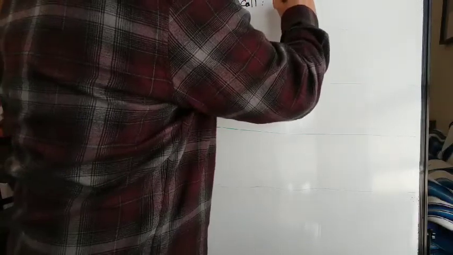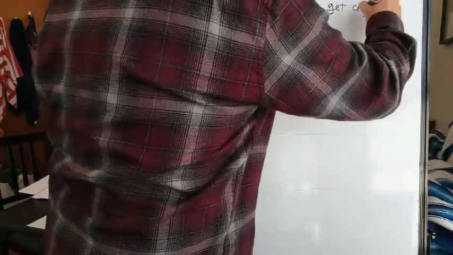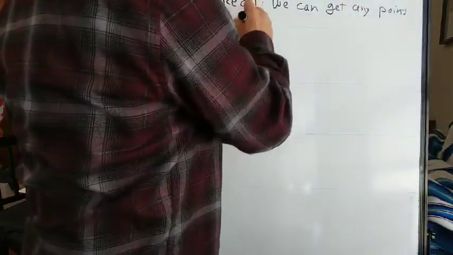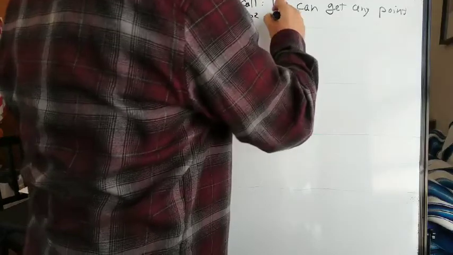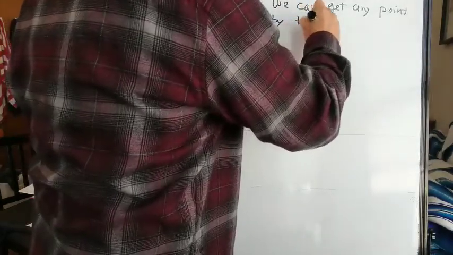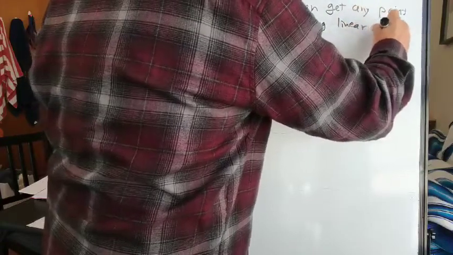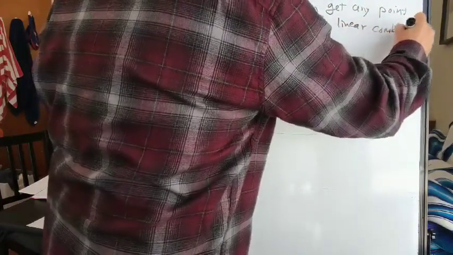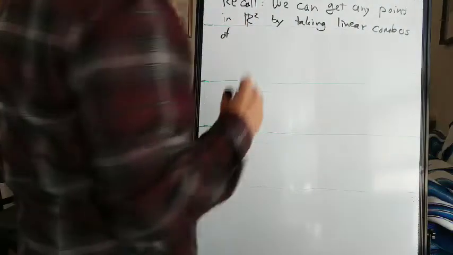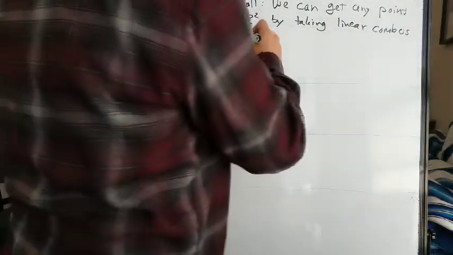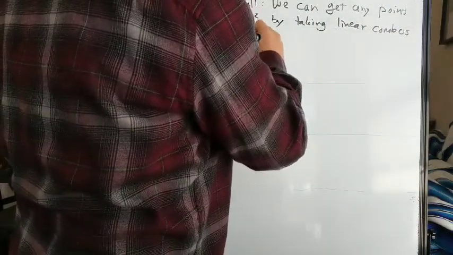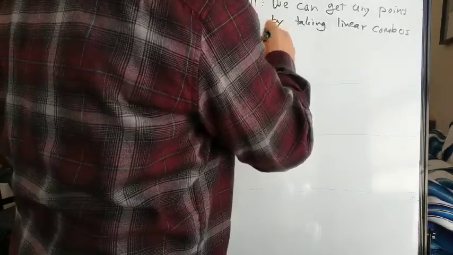So recall that we can get any point in R2, real 2 space, by taking linear combinations of, say, (1, 0) and (0, 1).